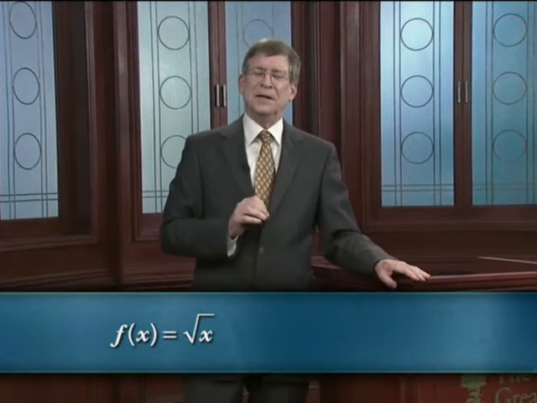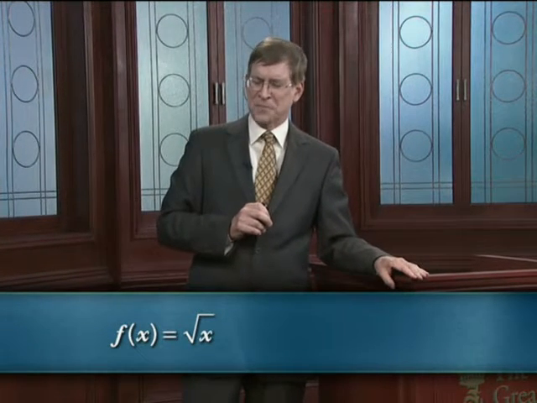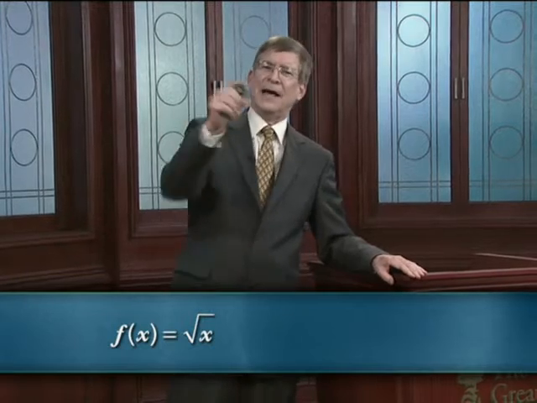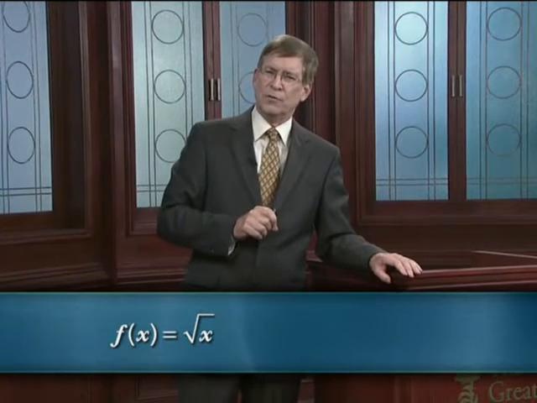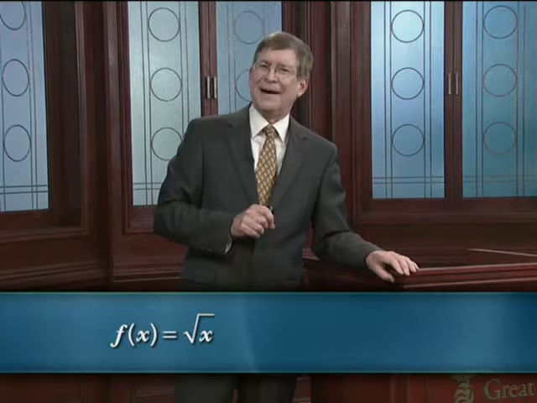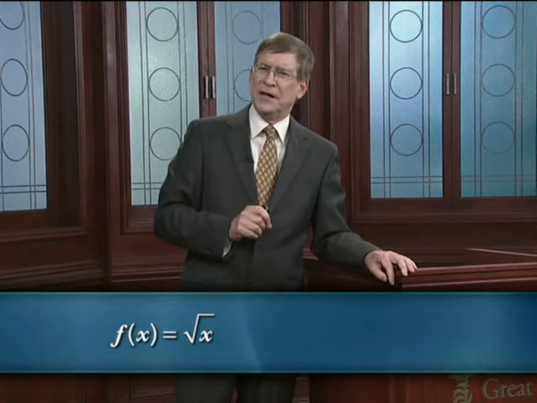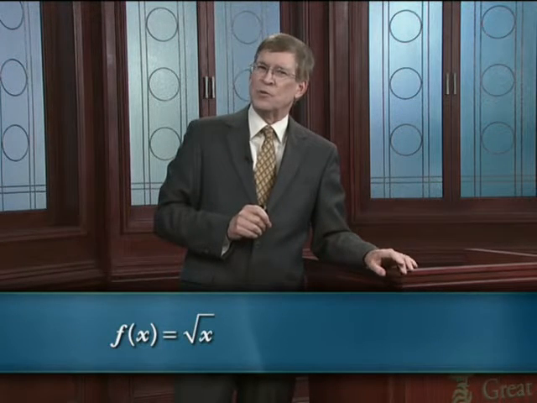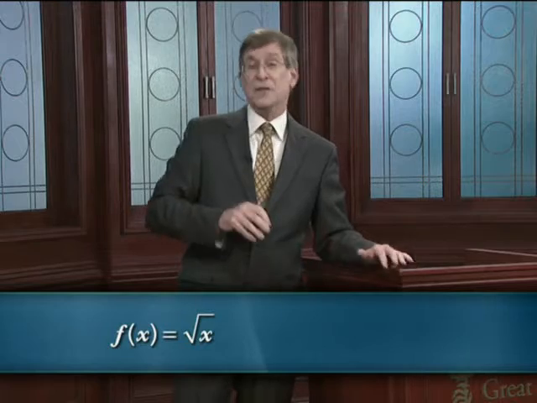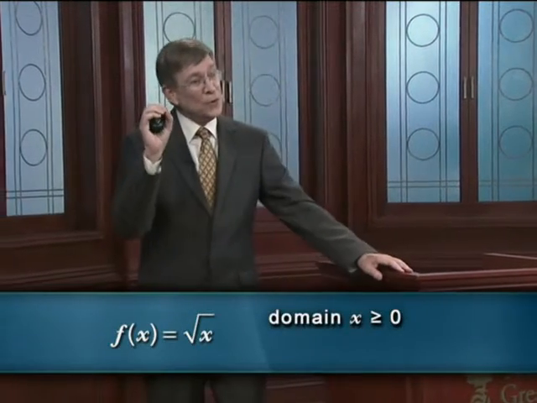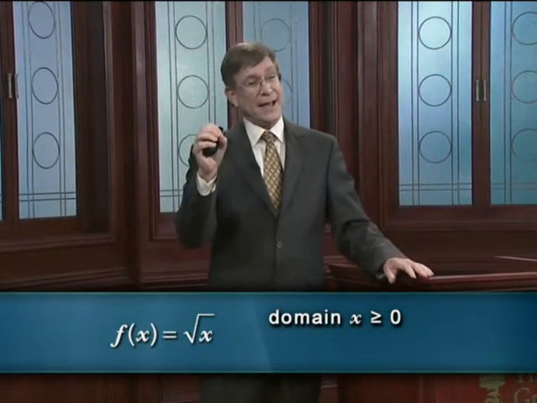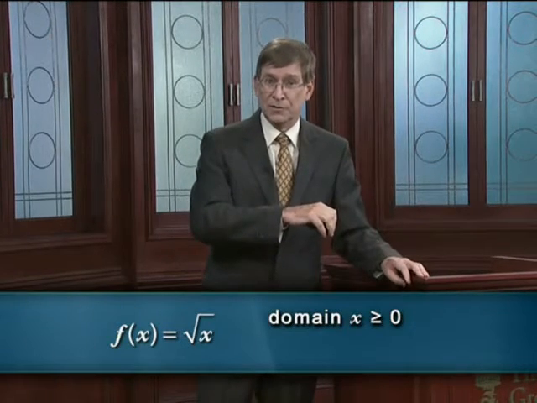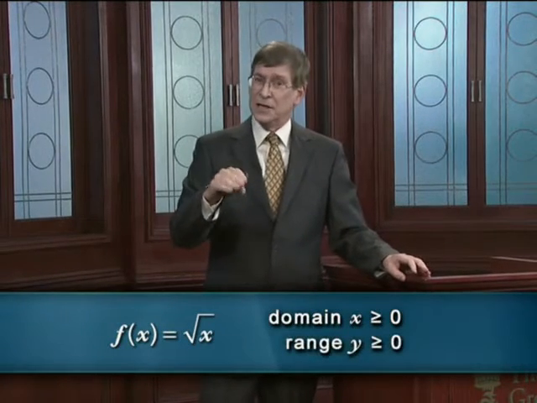Let's stop for a moment and think about the domain. What values am I allowed to plug into the square root function? Well, yeah, you can't plug in negative numbers, can you? We can't take the square root of minus 1 in the real numbers. So the domain here is all x greater than or equal to 0. And in fact, the range again here is the same.